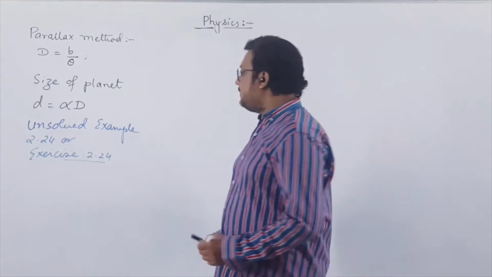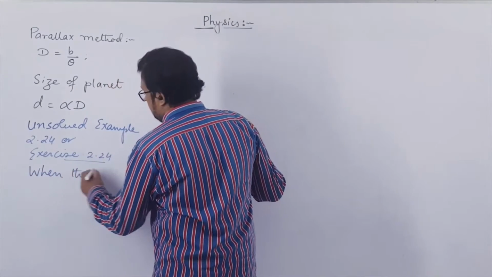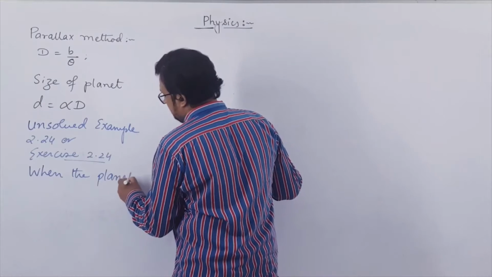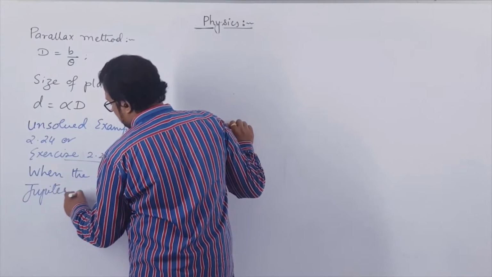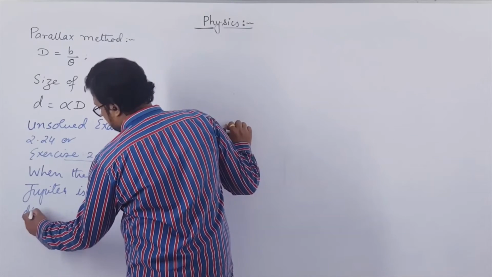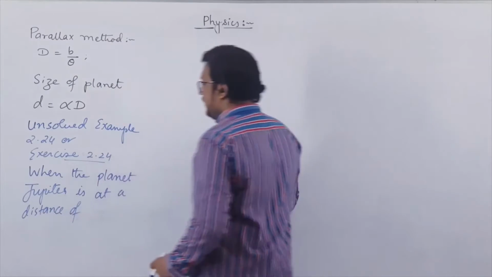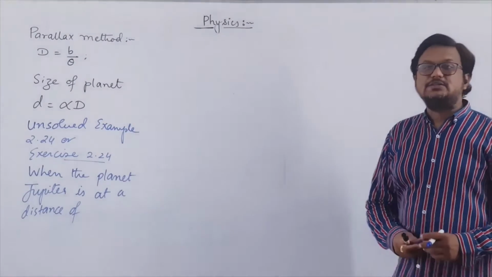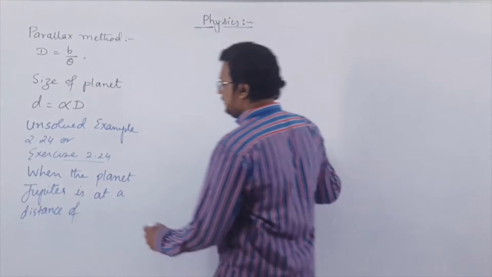So let us say when the planet Jupiter is at a distance of 824.7 million kilometer.